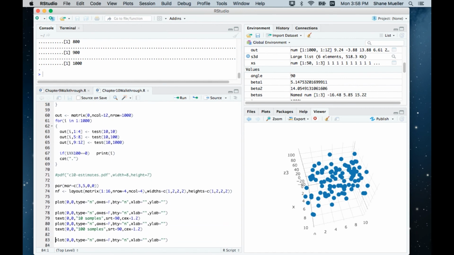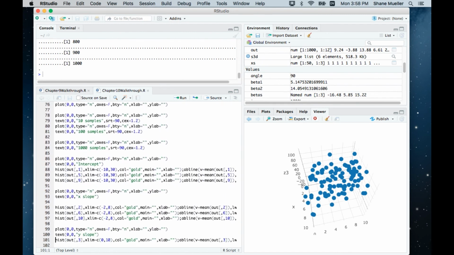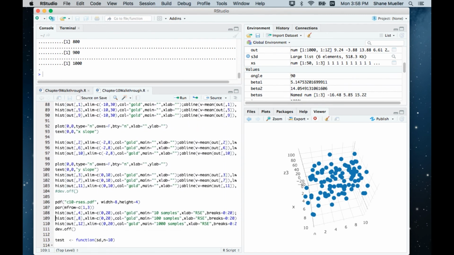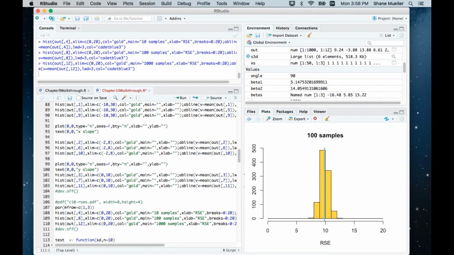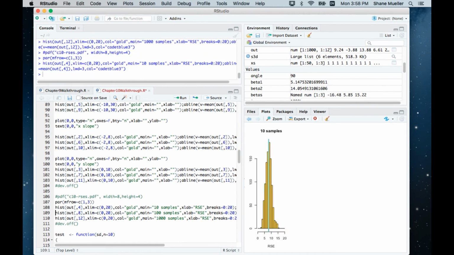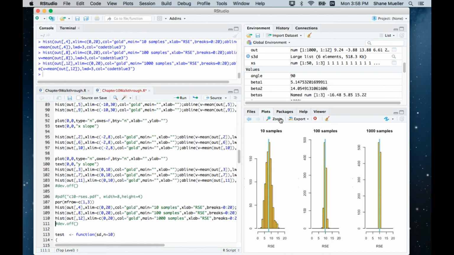So what happens when you first look at the error term? In each case, we fit a model and then computed the residual standard error. And I can make a histogram of these. So let's look at this.